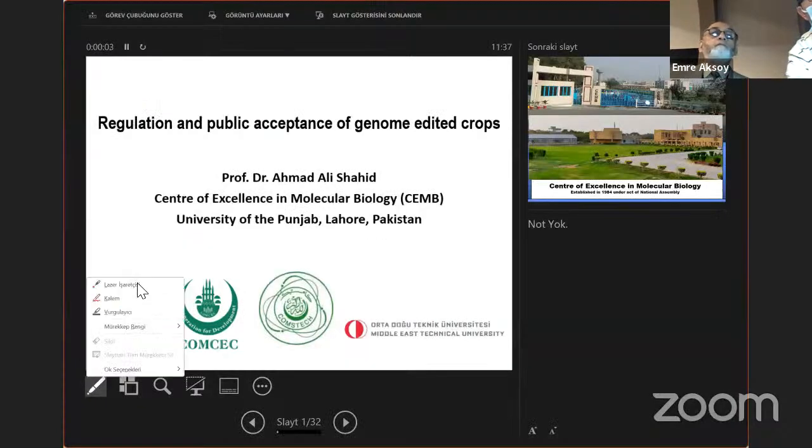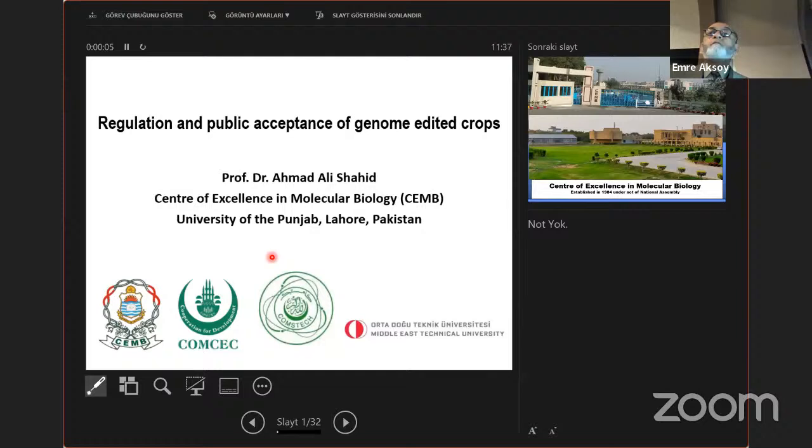This is the pointer. Okay, good. If you make it full screen, then we lose everything, so you can just see it by using these buttons. It moves. Okay, and we see it full screen here.